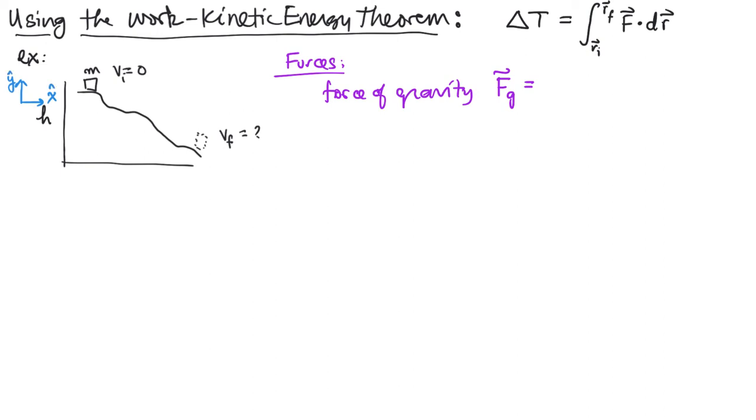So the force of gravity is always going to point in the y direction, and specifically, it will always point in the minus y direction. We are going to also have a normal force, F_n, or sometimes just n, and in general, we're going to have two components to that normal force, okay?